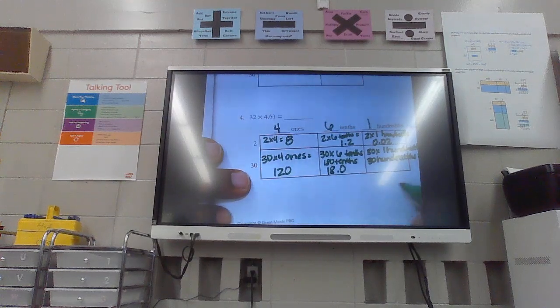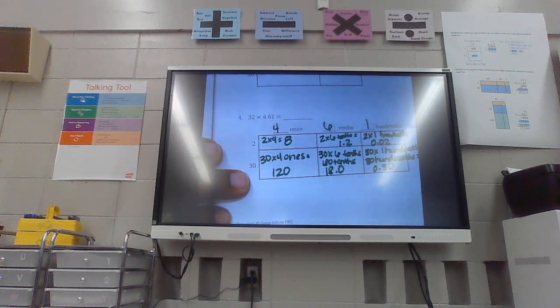Because what has to end in the hundredths place? That last digit. We understand that, right? This last digit has to end in the hundredths place. So that is 0.30. That 0 is in the hundredths place. Ones, tenths, hundredths. Now what's next?